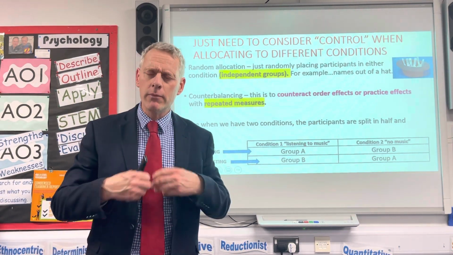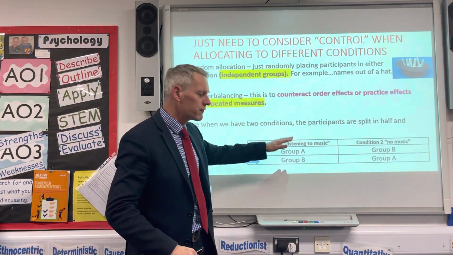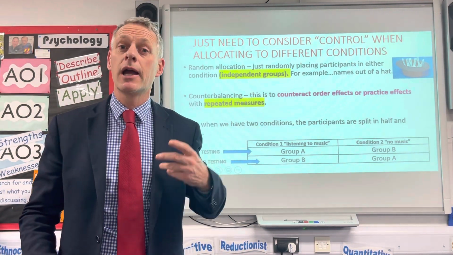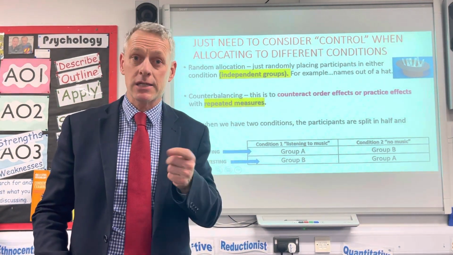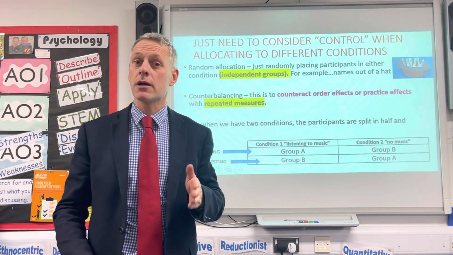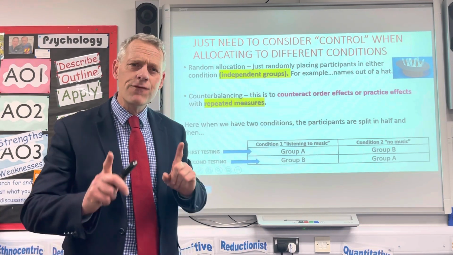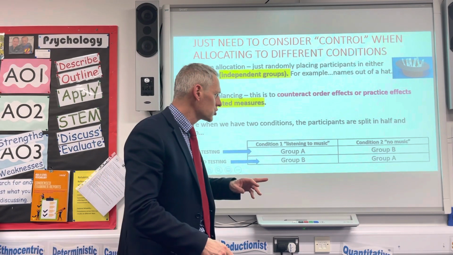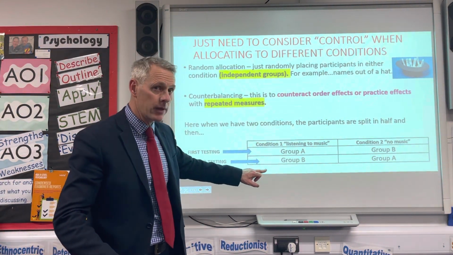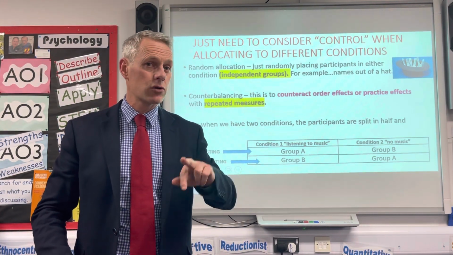Now we can say, when we look at our results, if, for example, regardless of which you did first, listening to music made people learn better, more effectively, we can conclude that it was the listening to music that caused that better learning, okay? If we find, however, it was just whichever the group did second, all right, we might say, well, it's not down to listening to music or not.